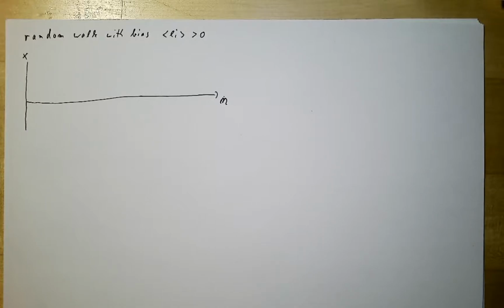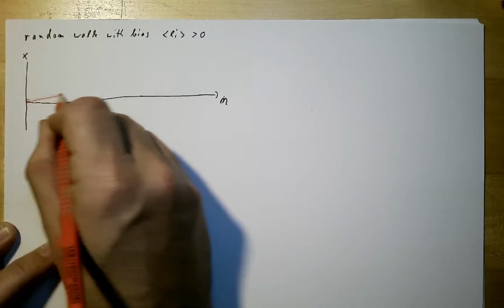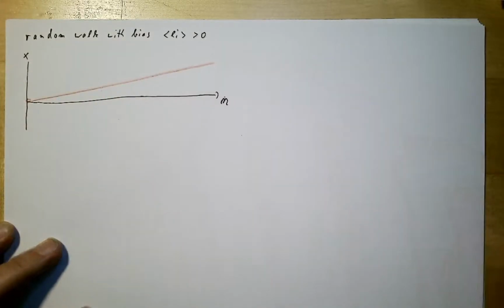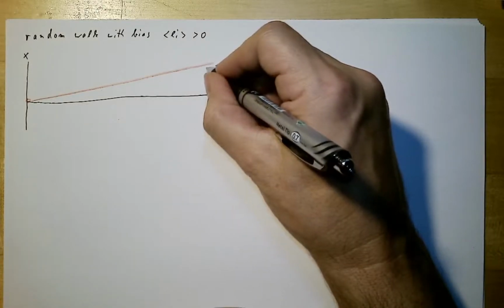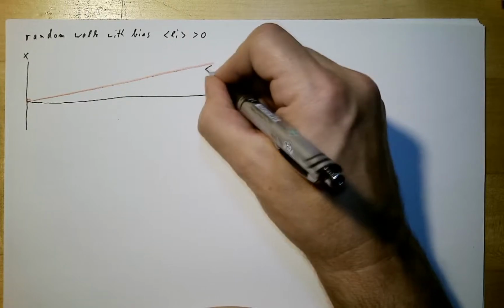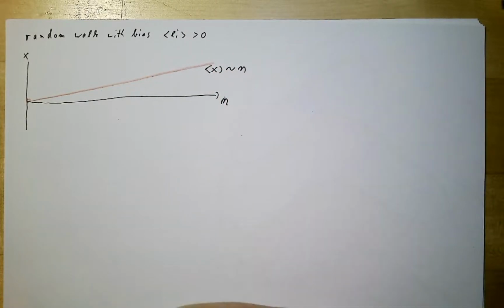So the mean value of the walker should be a linear function of time, because the expectation value of x should be proportional to n.